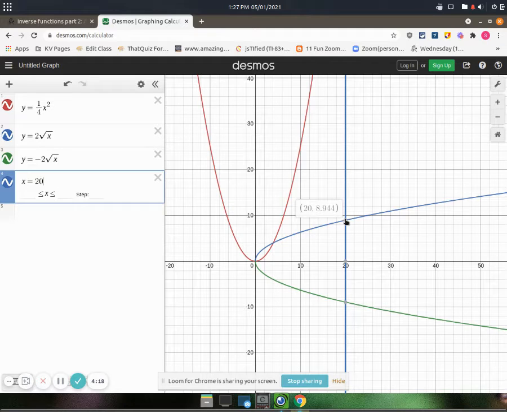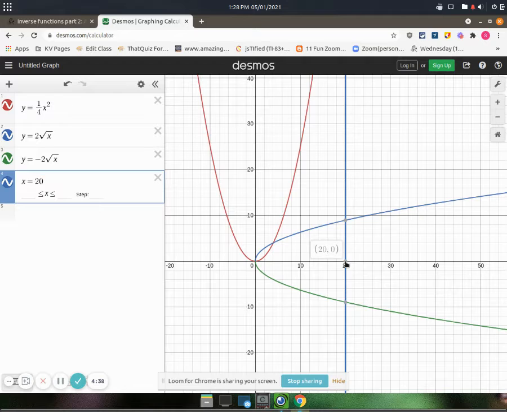Like right here, if I draw a vertical line at 20, it's going to intersect in 2 spots, and that's a bad deal. The reason it's bad is because to be a function, every input or every x value has to go to exactly one y value.